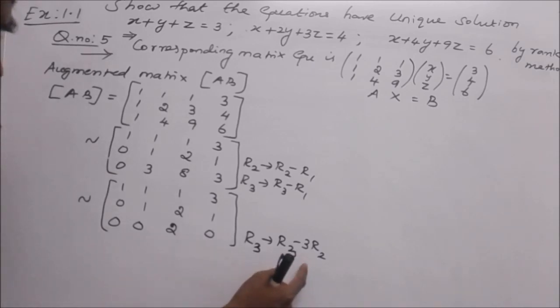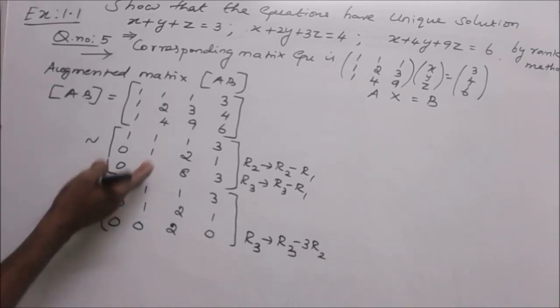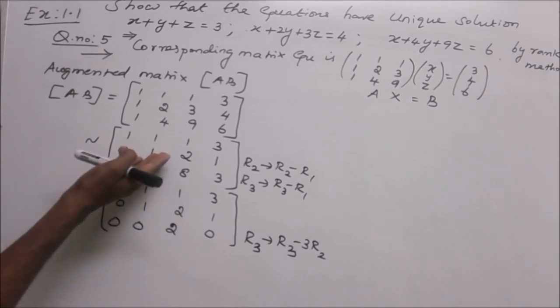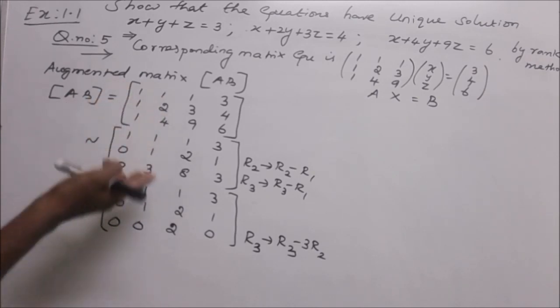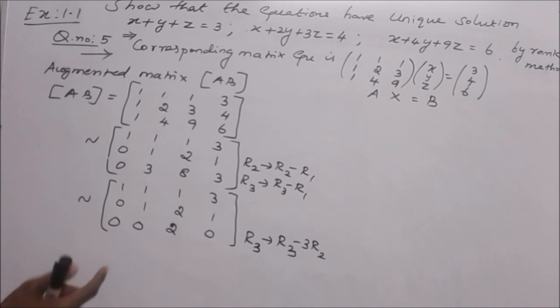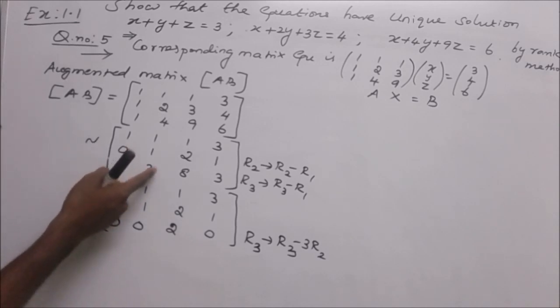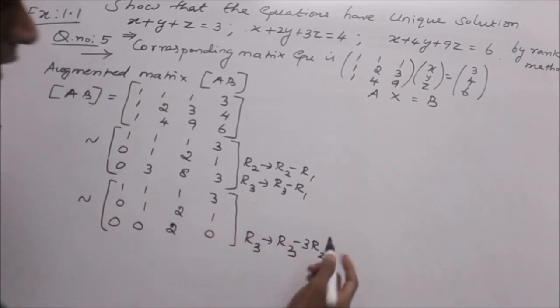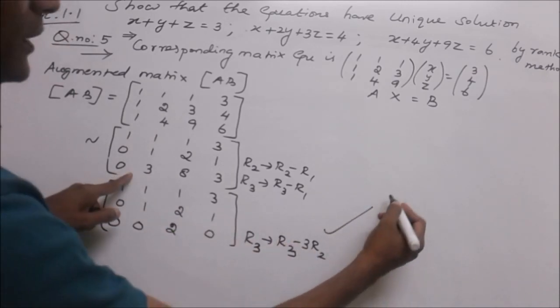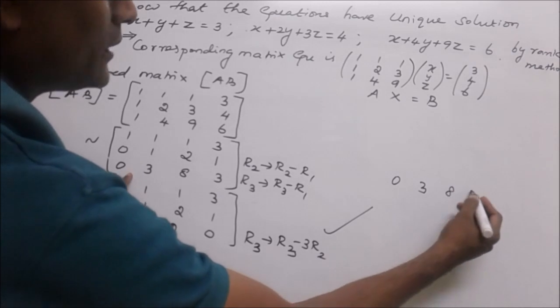R3 becomes R3 minus 3R2. Multiply R2 by 3 and subtract from R3 of the previous matrix, and we will get new entries. 0 minus 0 is 0, 3 and multiply it by 3. I will proceed here. R3 means 0, 3, 8, 3.